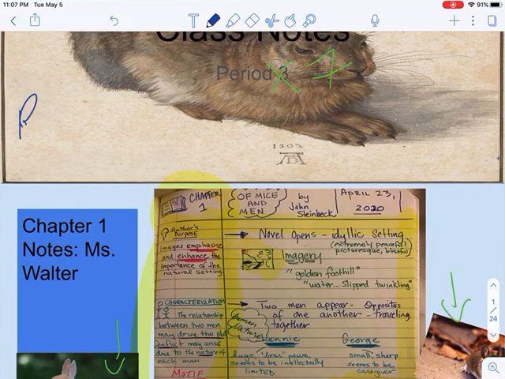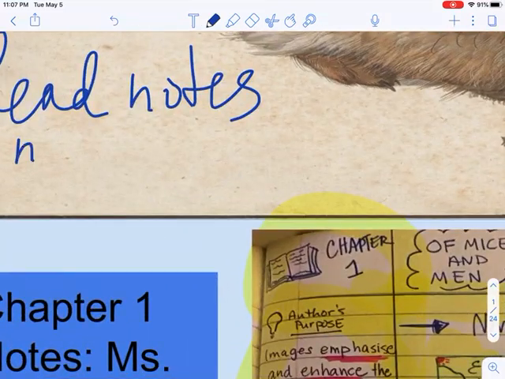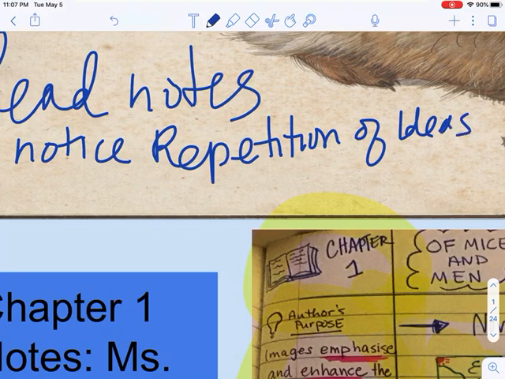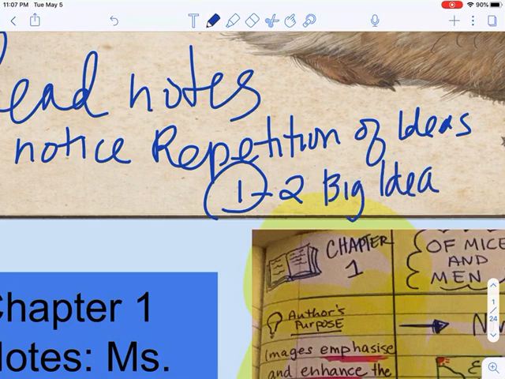I'm going to read my classmates' notes, and I'm going to try to notice a repetition of ideas.